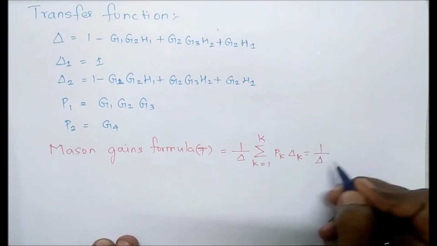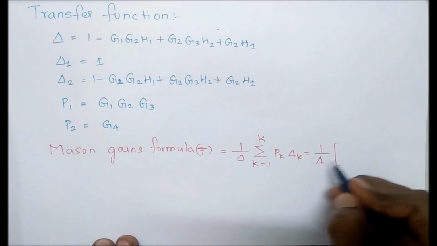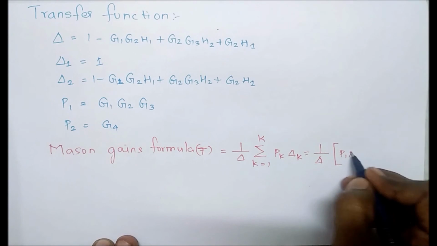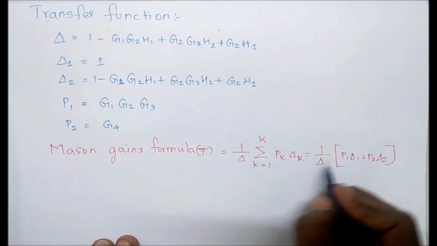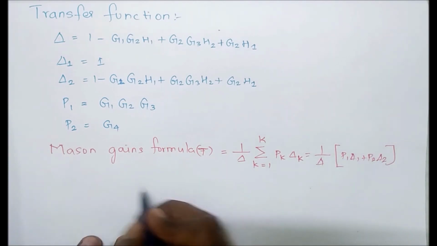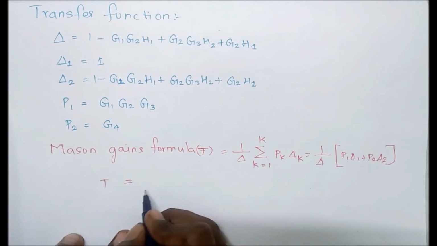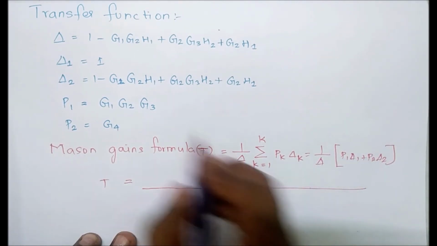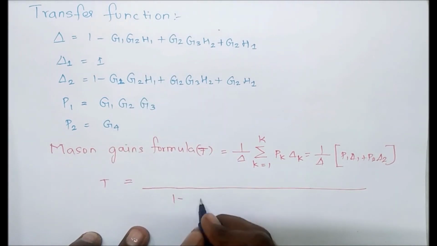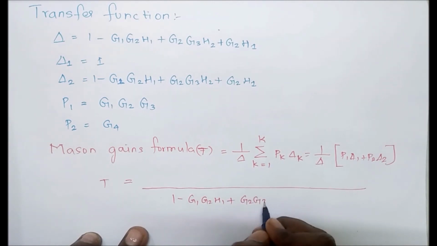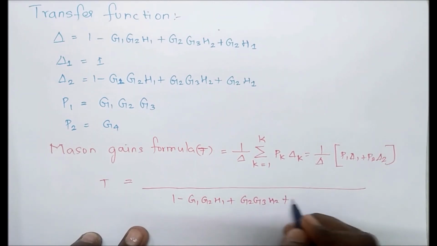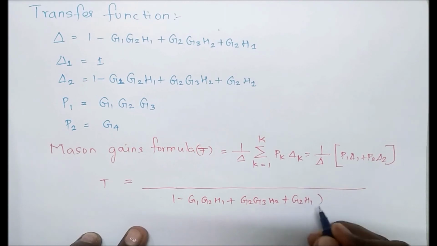Therefore we can expand this formula: 1 by del into P1 del 1 plus P2 del 2. Now we have to substitute all of these values. Therefore transfer function T equal to, this is the del value in the denominator: 1 minus G1 G2 H1 plus G2 G3 H2 plus G2 H1.